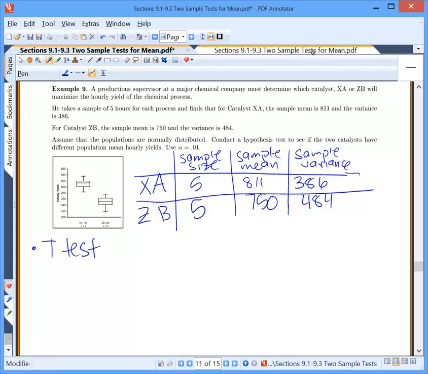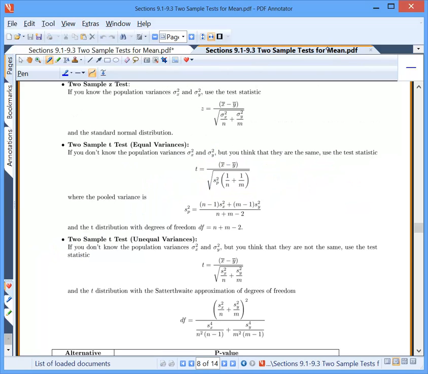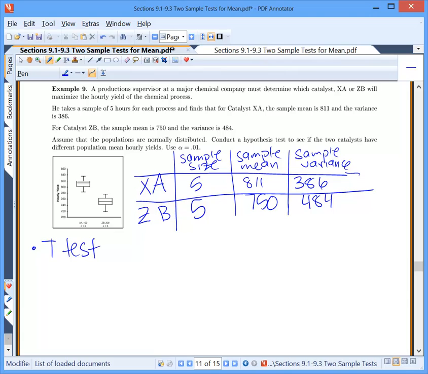But for our two samples, we have two different types of tests we can use. You can use a two-sample t-test with equal variances or a two-sample t-test with unequal variances. Now in this situation, our variances are about 386 and 484, but if you take the square root of the variances to find the standard deviations, you get 19.6 and 22.